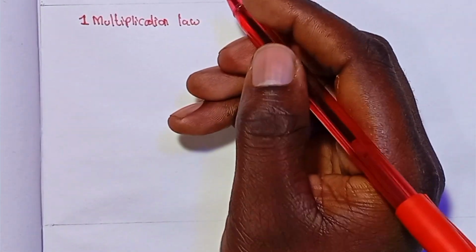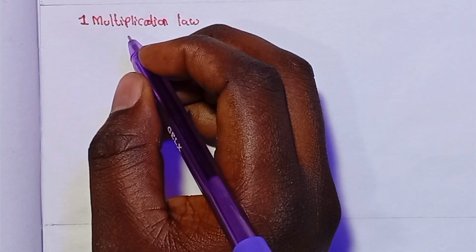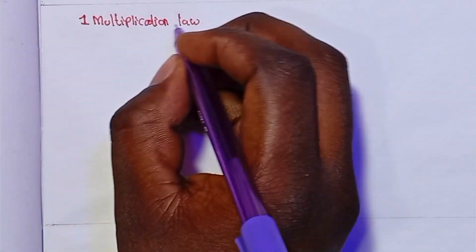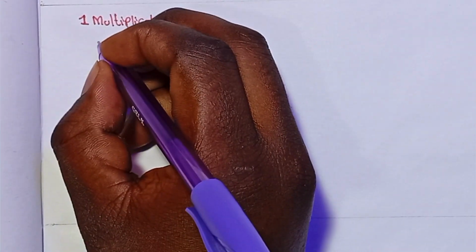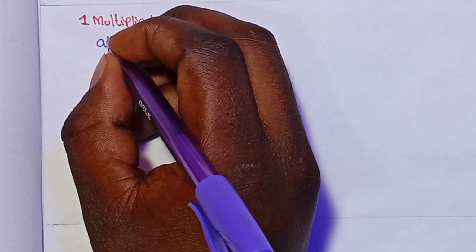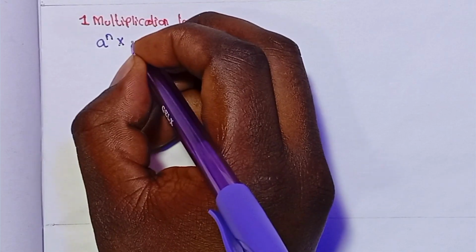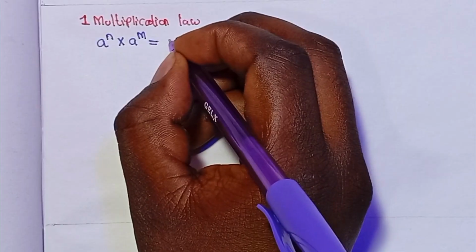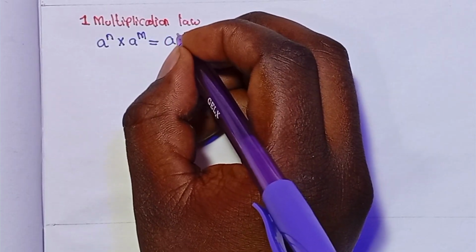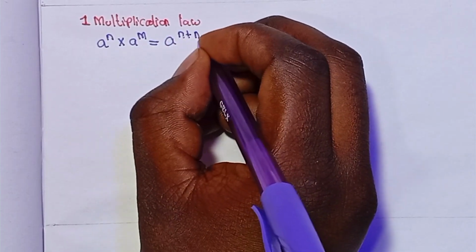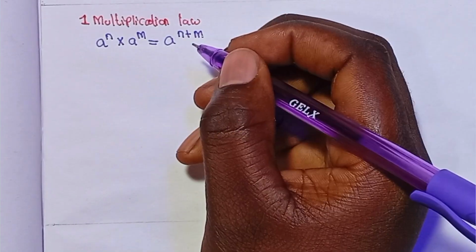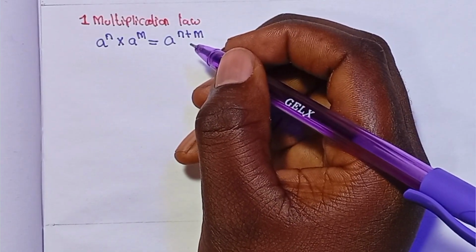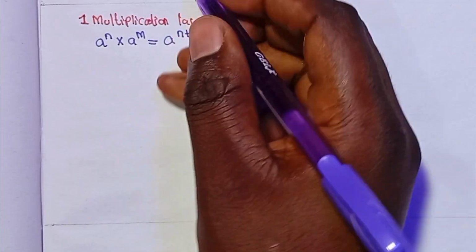So in multiplication law we are going to use A as our base and N and M as our power. So for example, this law states that if you have a number, let's say A raised to N, then we multiply by A raised to M. This is basically A raised to N plus M. So when we multiply numbers with the same base, we add the powers.